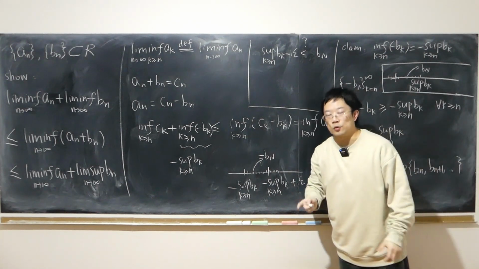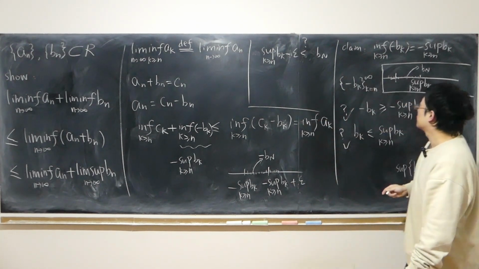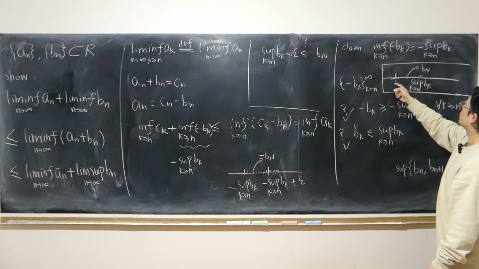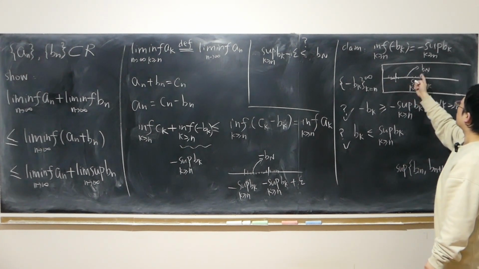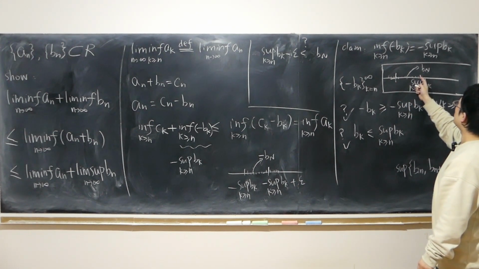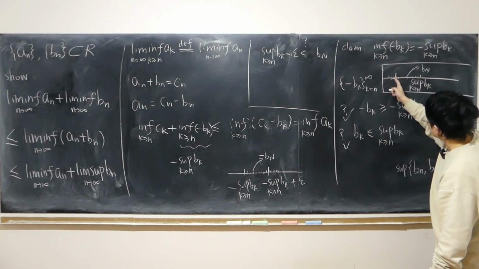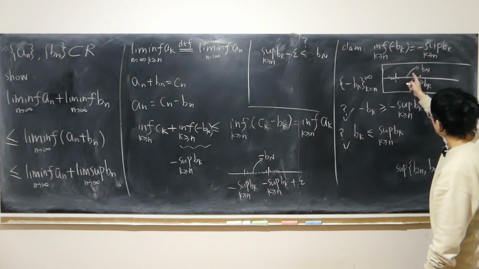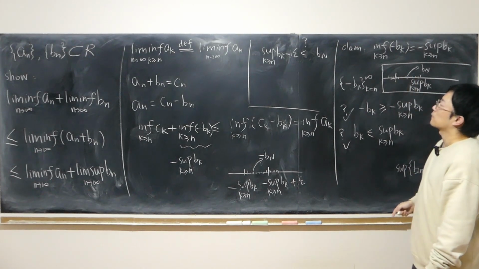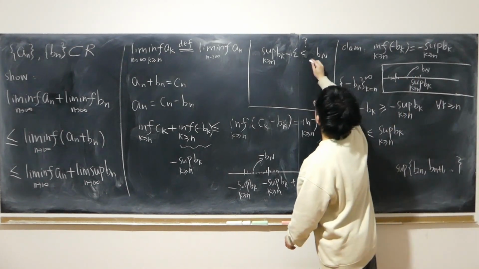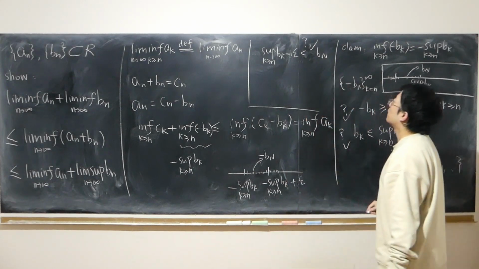Can we show this is true? Of course. Like I said, this is already the definition of supremum, right? The smallest upper bound. If it's a little bit smaller, then it's no longer an upper bound, right? Some guy here must be bigger than this guy. No longer an upper bound. So this is true. All right.